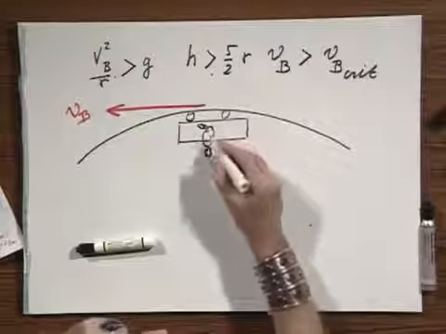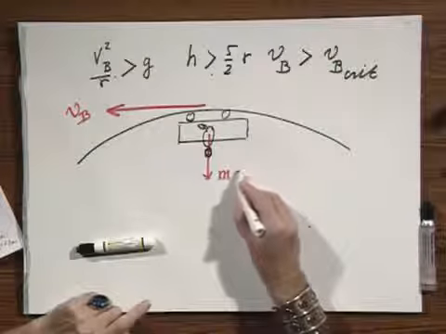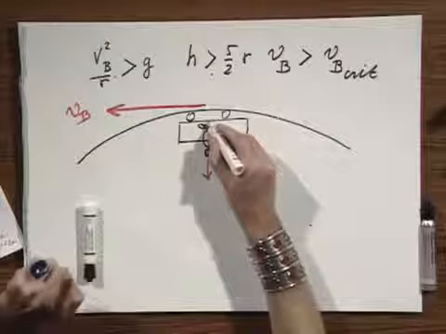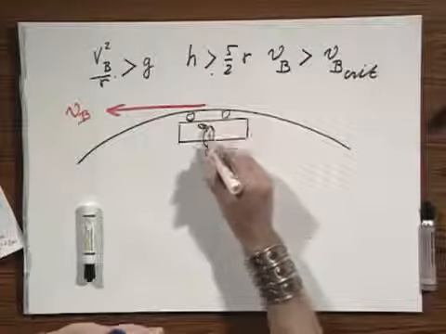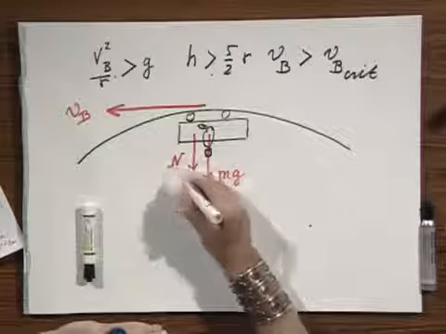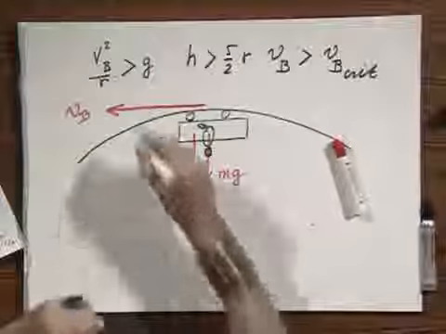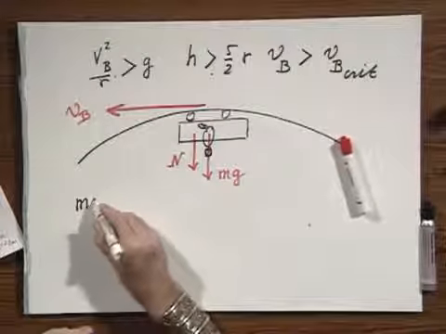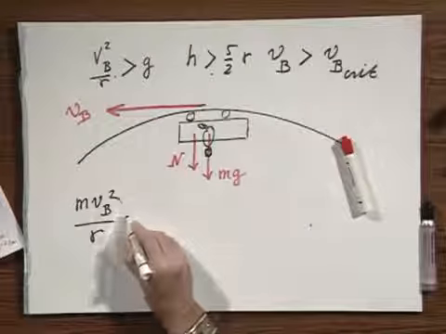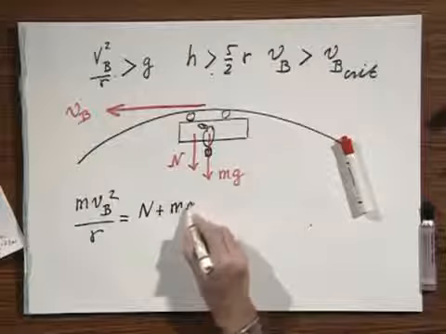Let us only draw the forces on you. You have a mass little m, so that is mg. But now there has to be a push from your seat onto you in this direction, which I will call N. And the reason why this has to be there is that we now have m v_B squared divided by r must now be N plus mg.